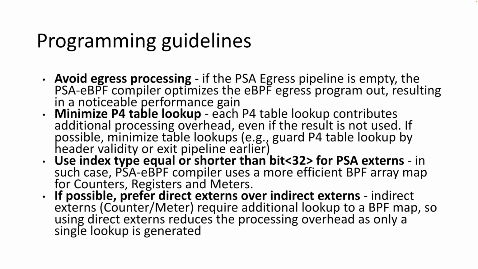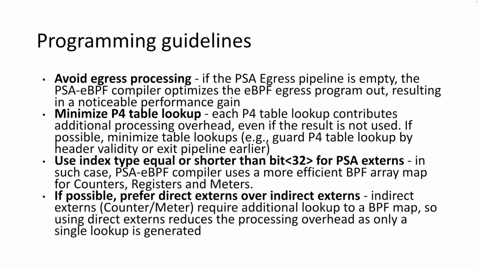Other than that, use an index type that is equal to or shorter than bit 32 for PSA externs. In such a case, the PSA eBPF compiler will use a more efficient BPF array map instead of a BPF hash map for counters, registers, and meters, and this will also result in a noticeable performance gain.